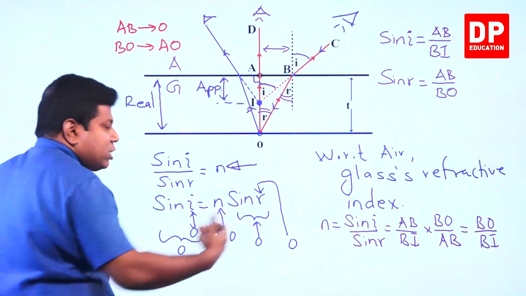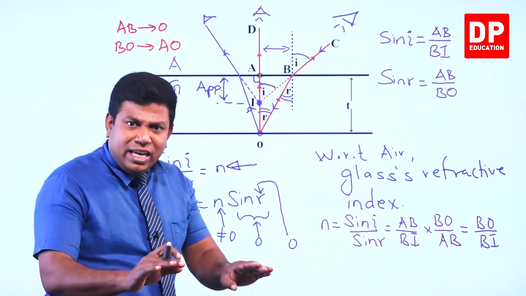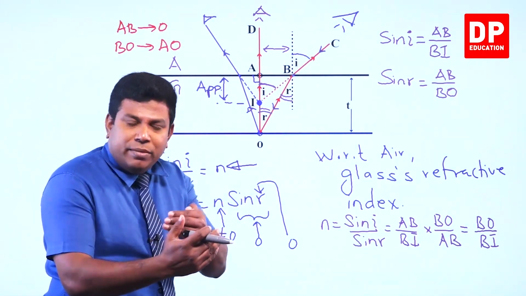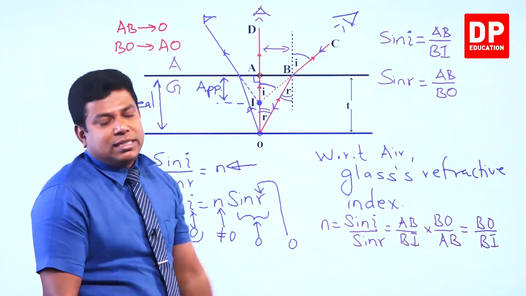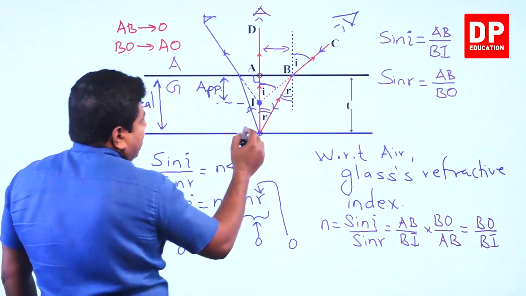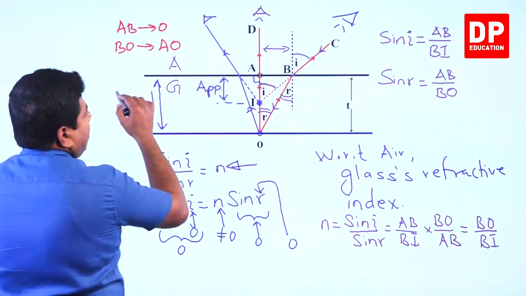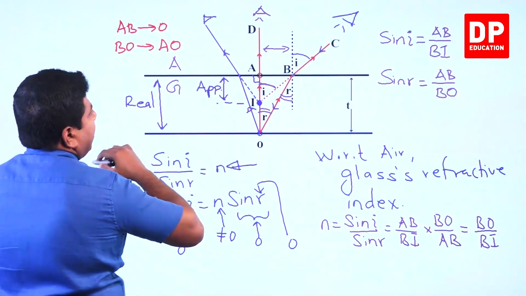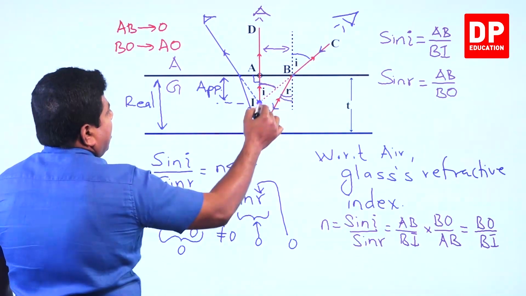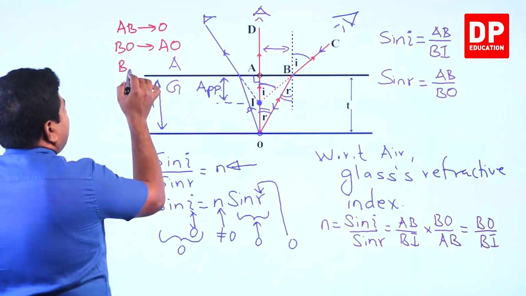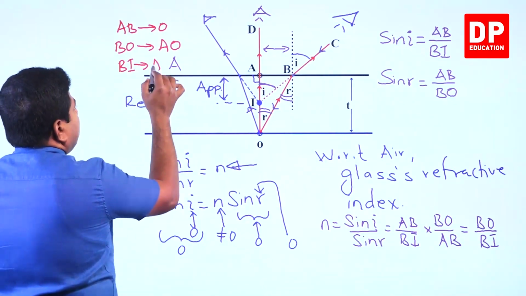Not exactly equal, but very close to each other because AB is a negligible distance. Similarly, AI and BI. Let's say BI will approach AI.